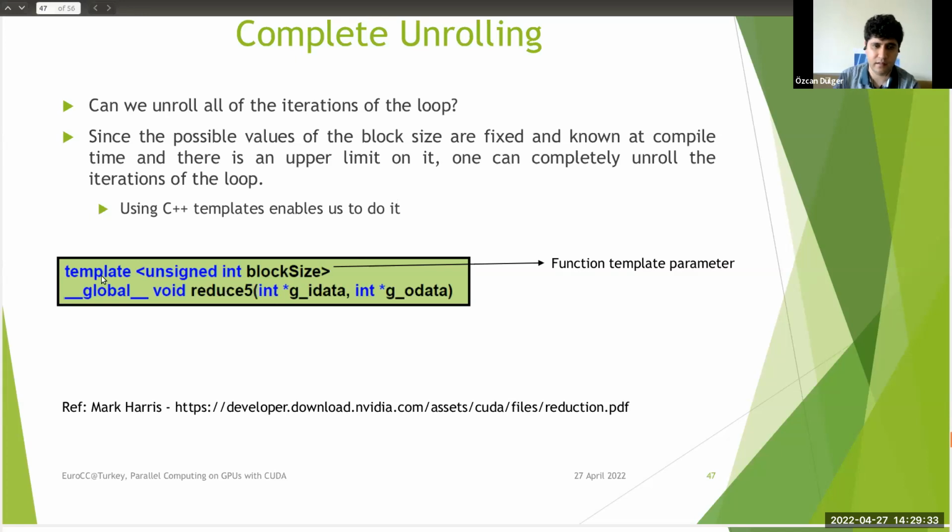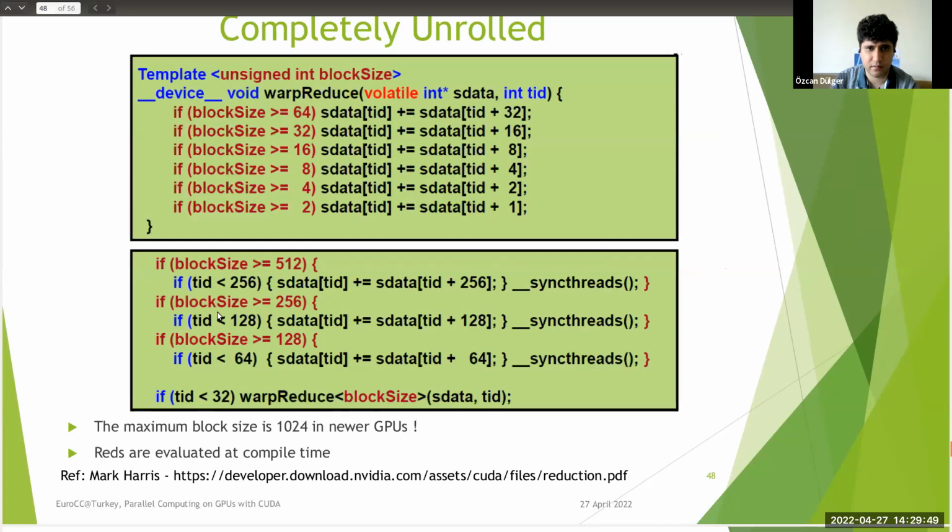Here, this is a prototype of the template kernel. Here, the block size is used as the function template parameter. Let's look at this approach. We have already unrolled the last 6 iterations. Again, here we can also unroll it by using if conditions.